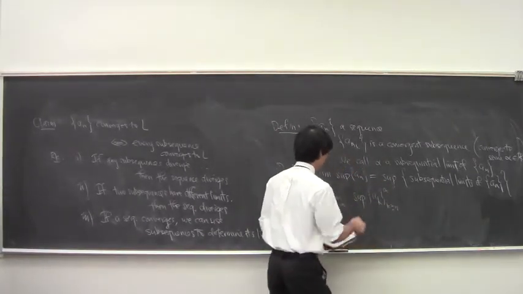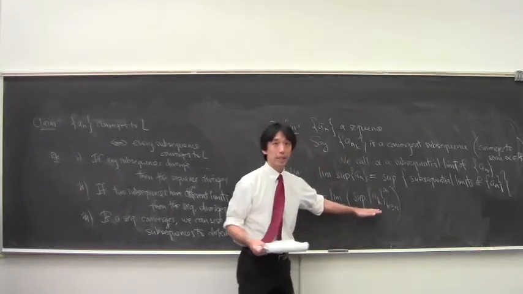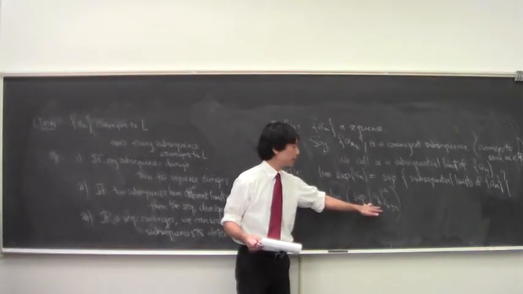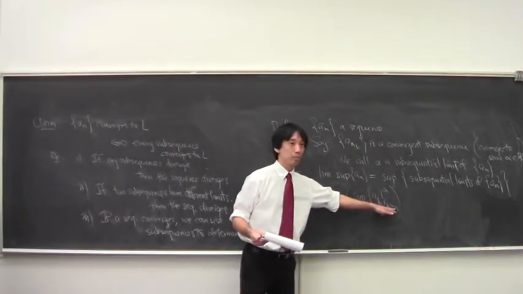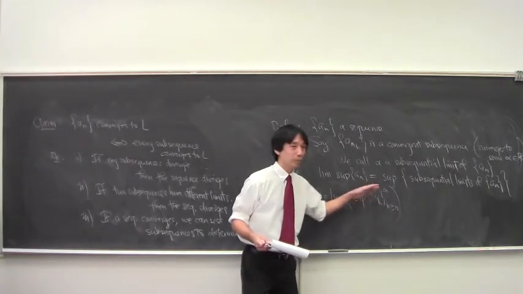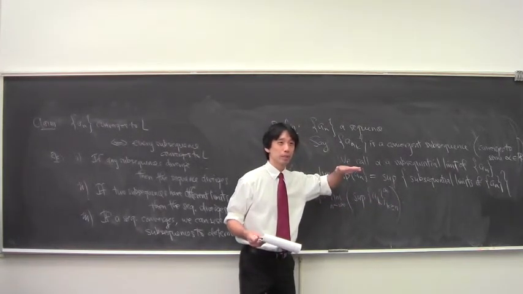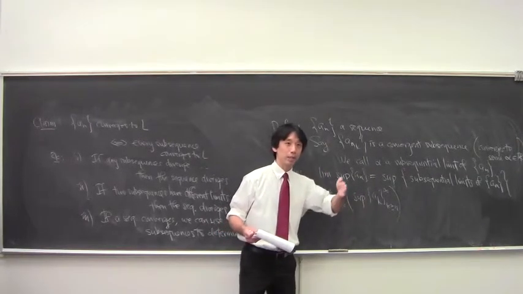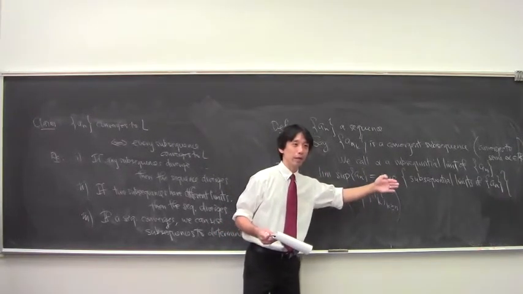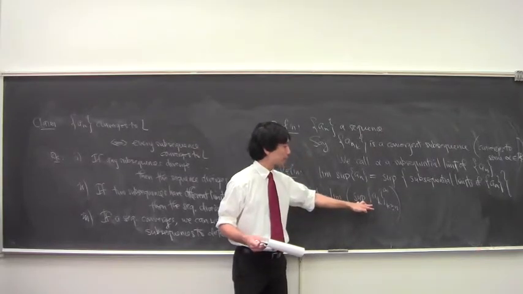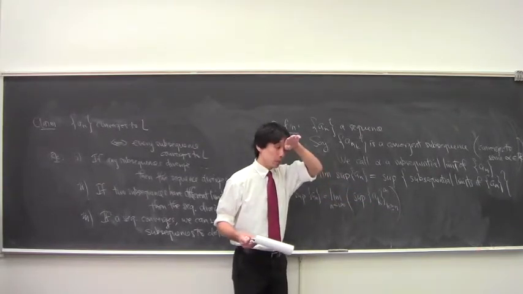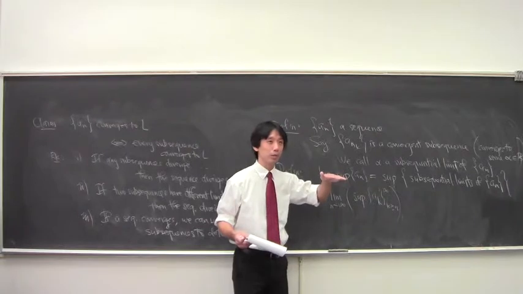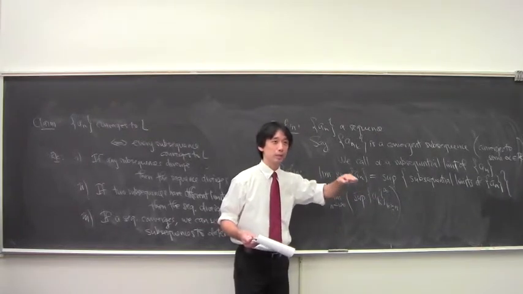We looked at the tail, right? You look at the tail past n. You take the supremum of those guys, and then you let n go to infinity. So you take tails that start farther and farther on. And since you're taking a supremum over smaller sets, that's a decreasing sequence.